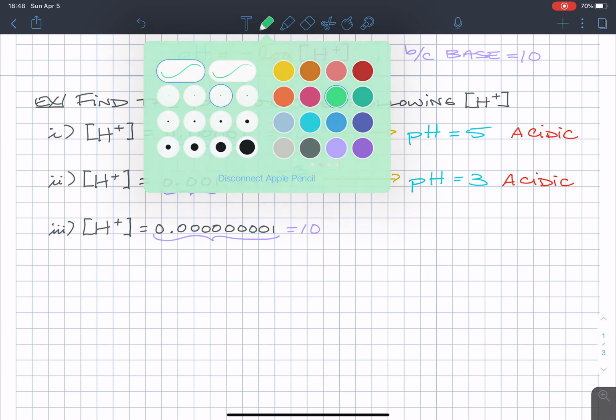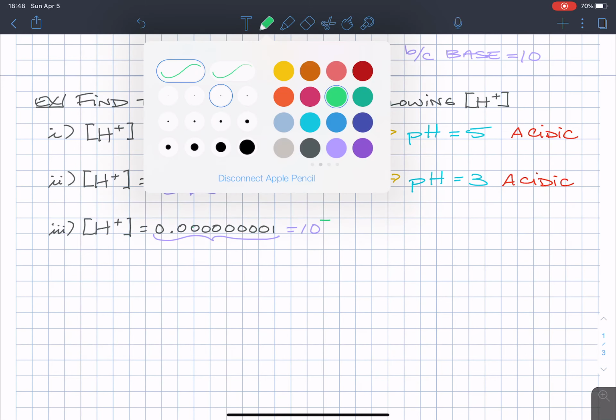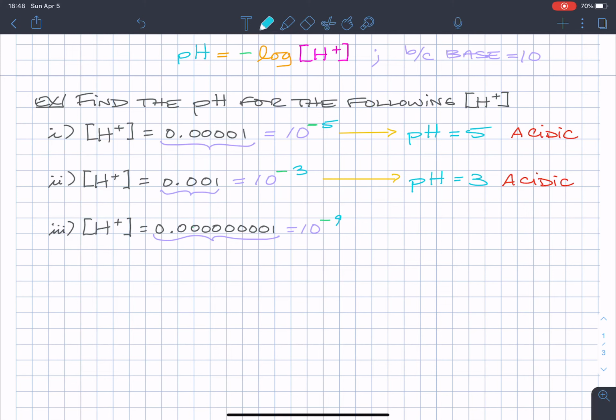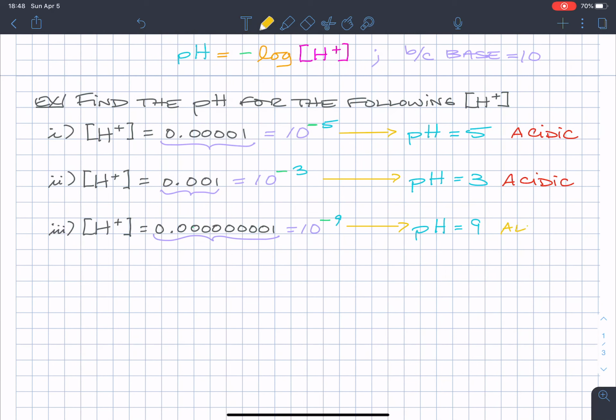How many zeros do I have there? 1, 2, 3, 4, 5, 6, 7, 8, 9. So 10 to the minus 9. So my concentration is 10 to the minus 9, which means my pH is 9. And of course that means that I'm alkaline, right? Anything above 7, alkaline, or basic.